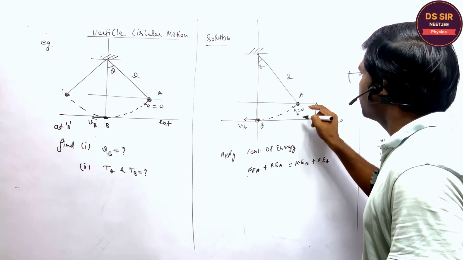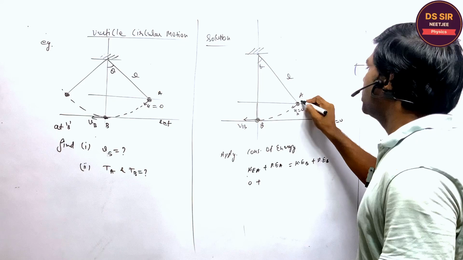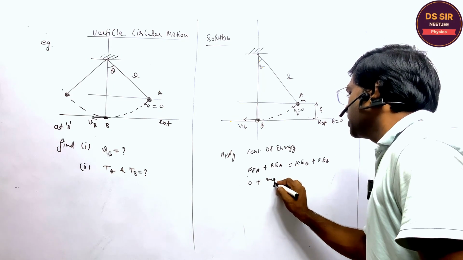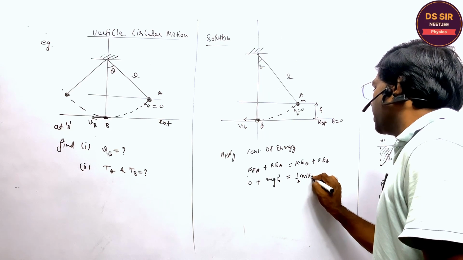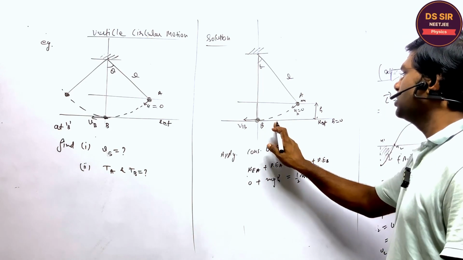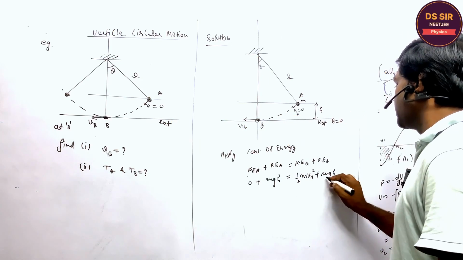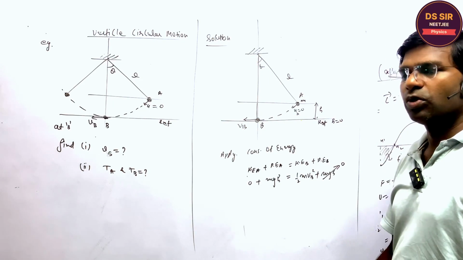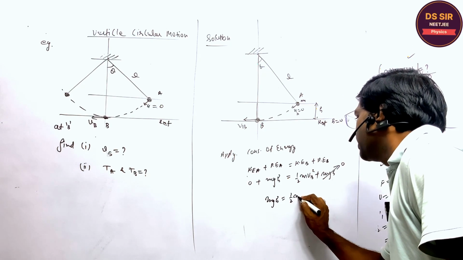So if it is released from rest, the kinetic energy is 0 and the potential energy of this bob is mgh, which is converted into half m vb square plus the potential energy over here. If I take this as the reference, it is 0. Therefore mgh is equal to half m vb square.